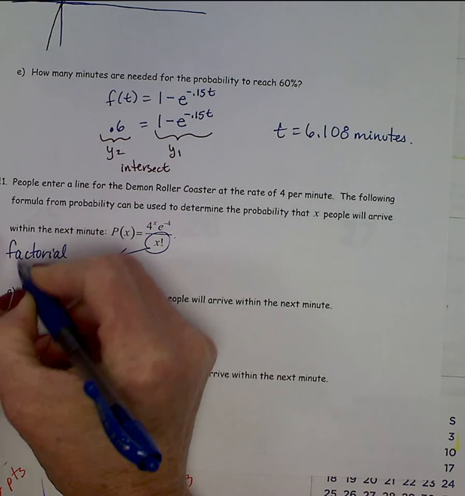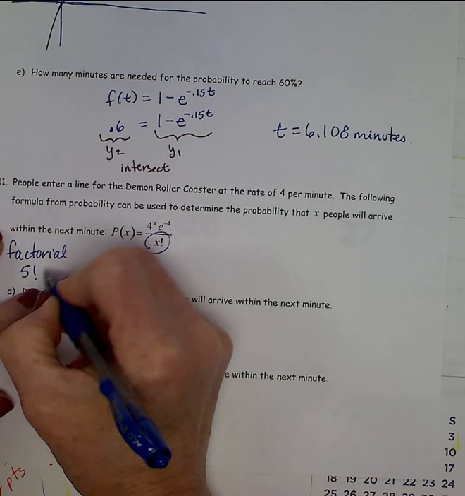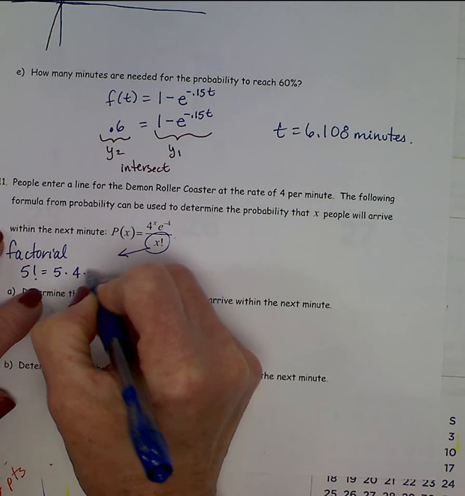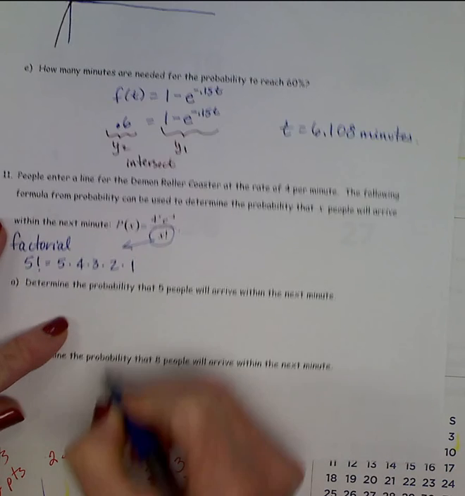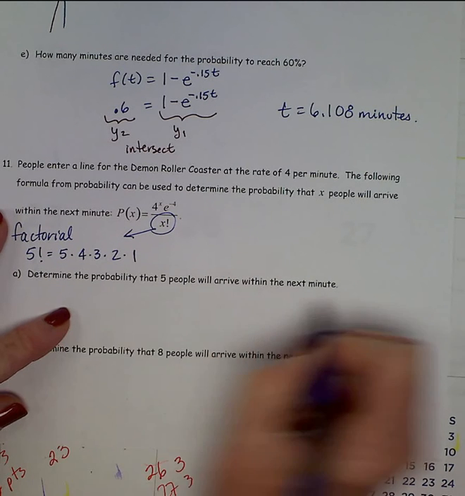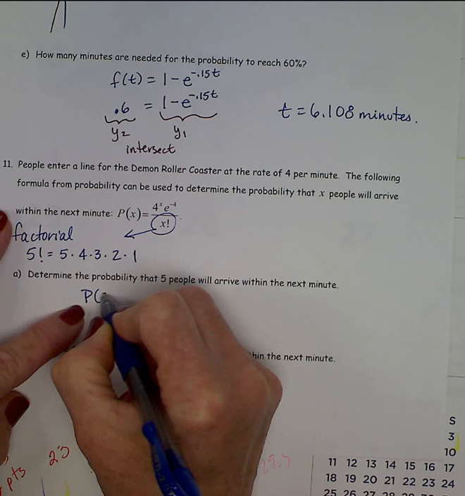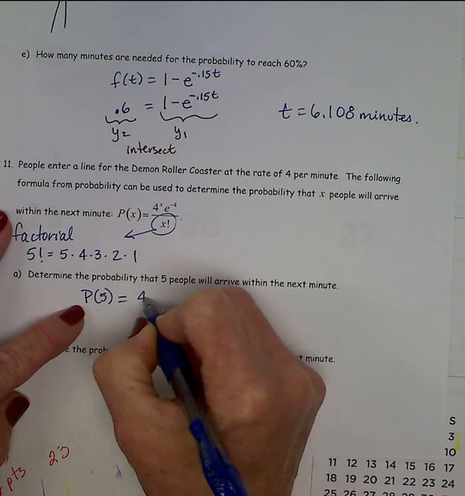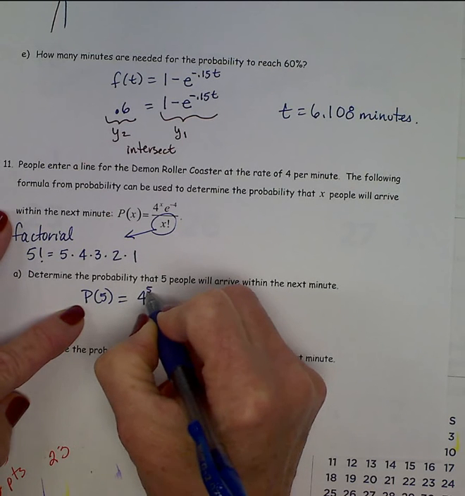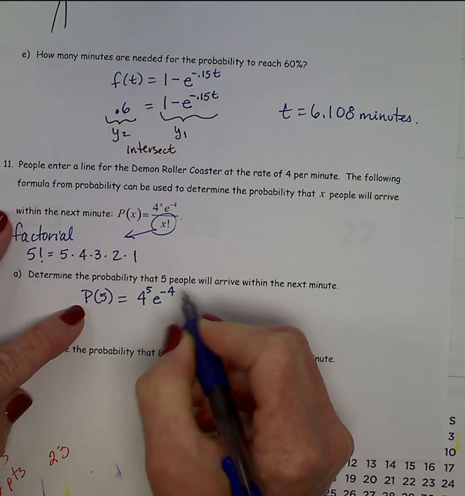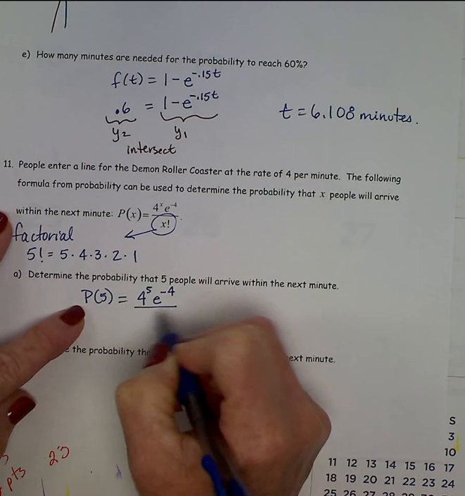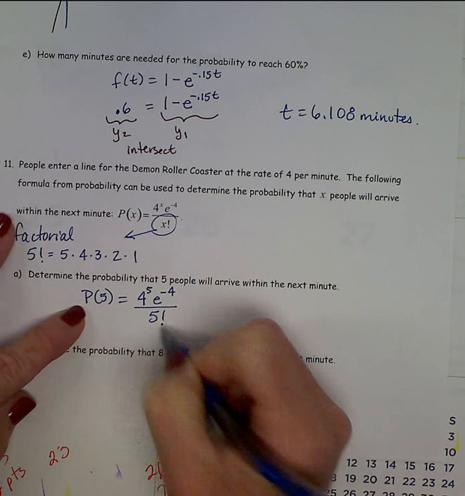Let me show you a 5 factorial. That means 5 times 4 times 3 times 2 times 1. So this probability, P of 5, is 4 to the 5th times e to the negative 4th, all over 5 factorial.